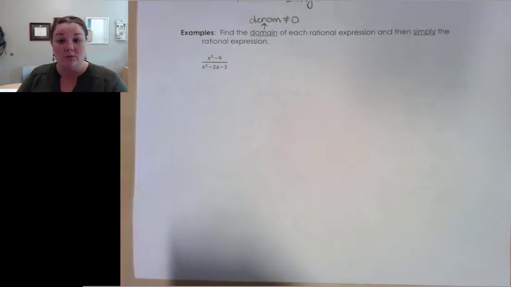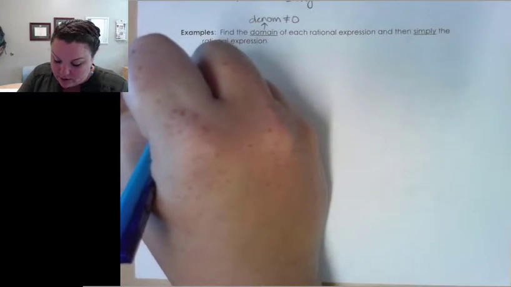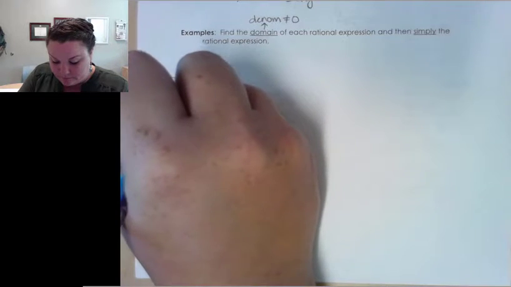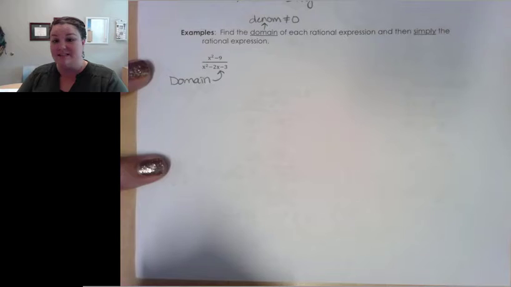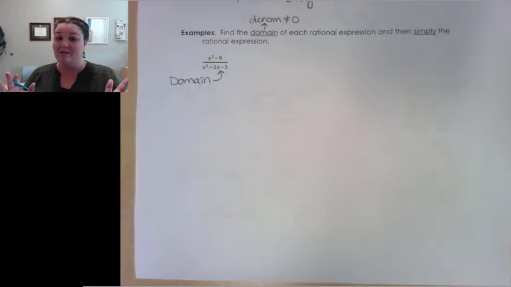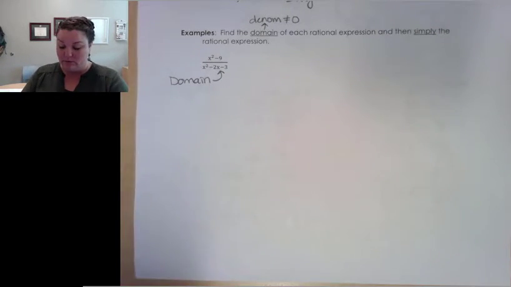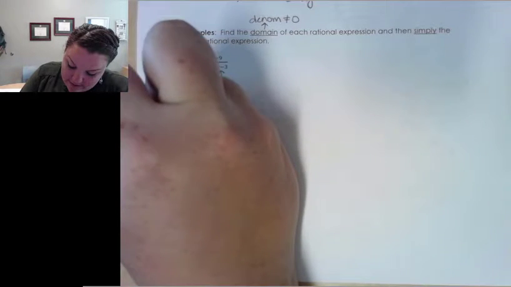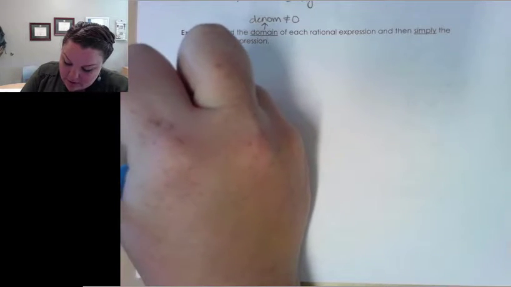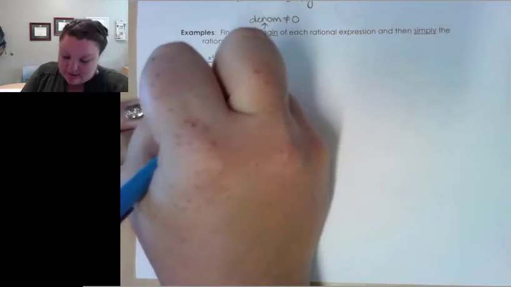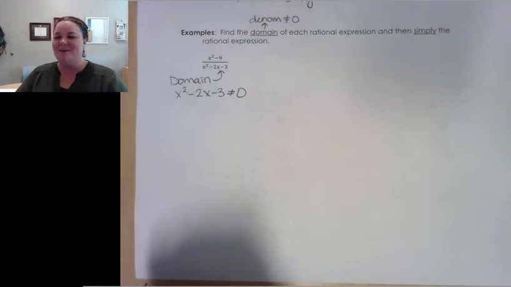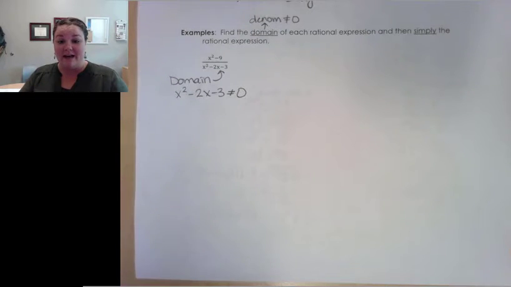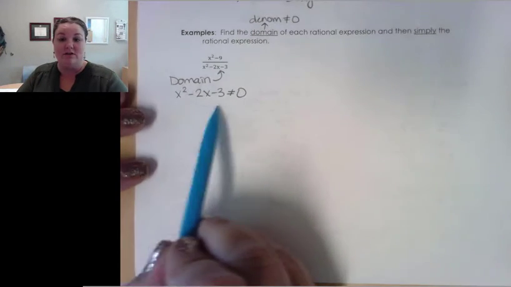So I'm going to start with looking at our domain, and we're going to focus on the denominator because the only domain issue we would have is if the denominator equals 0. So that means that x squared minus 2x minus 3 cannot equal 0. I don't want that to equal 0, because then we have issues. So I need to figure out what values of x cause that to be 0, and the way that we do that is just to factor and solve this.